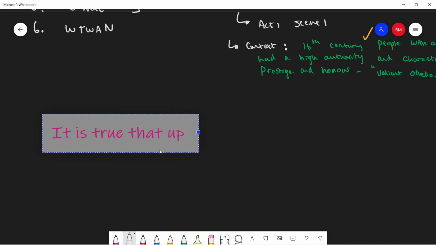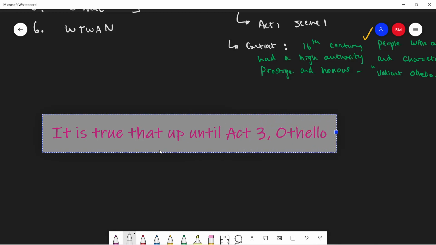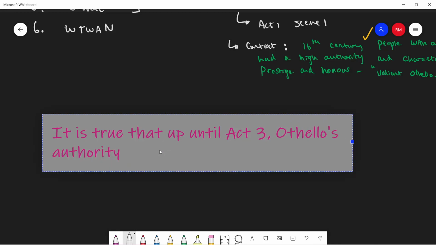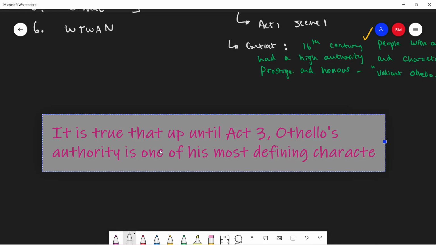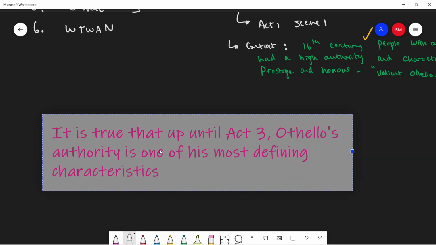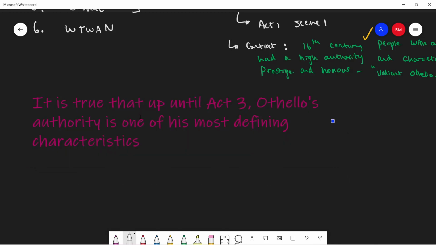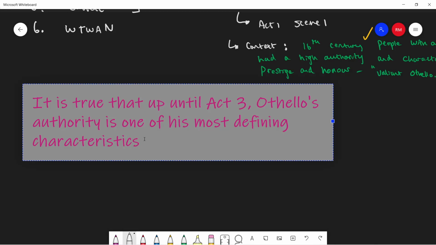Up until Act 3, Othello's authority is one of his most defining characteristics. I've also made a few mistakes in this introduction, but I'm going to identify them for you.